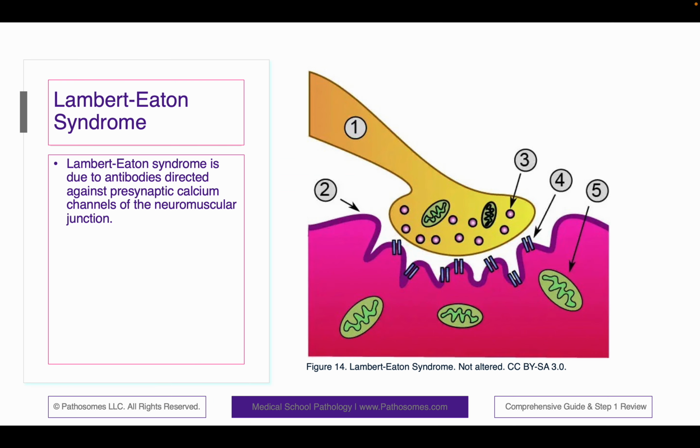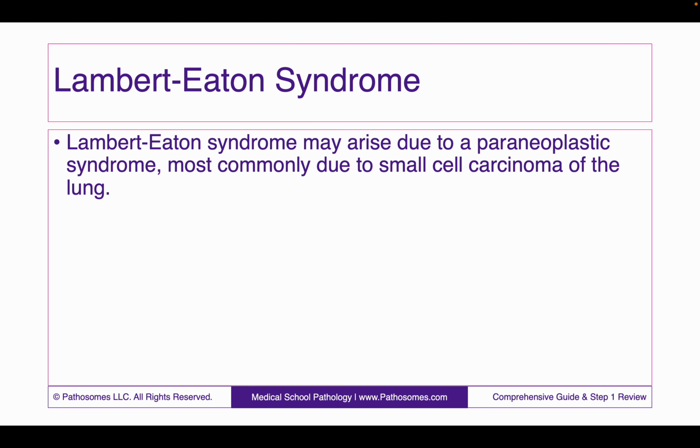Now, Lambert-Eaton Syndrome. Lambert-Eaton Syndrome is due to antibodies directed against presynaptic calcium channels of the neuromuscular junction. Lambert-Eaton Syndrome may arise due to a paraneoplastic syndrome, most commonly due to small cell carcinoma of the lung.